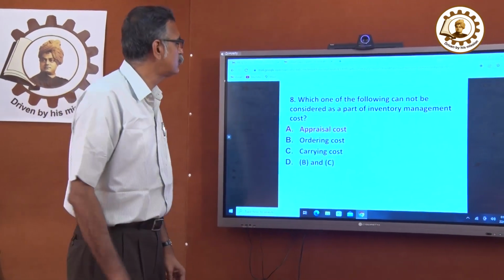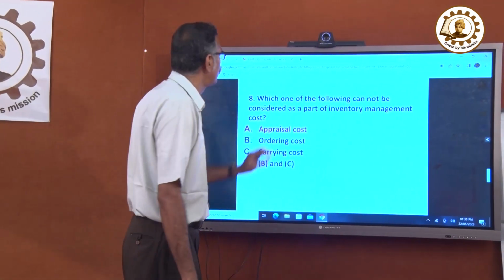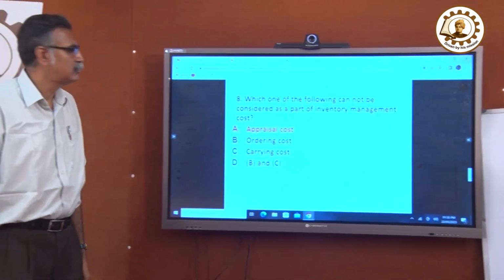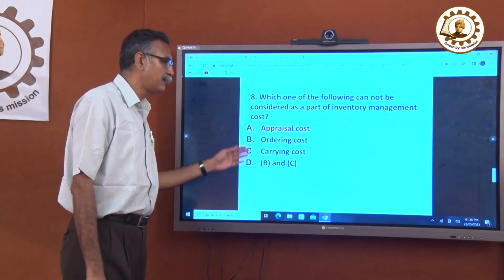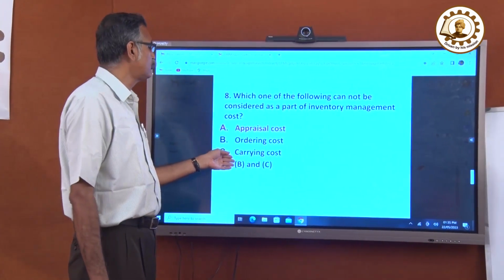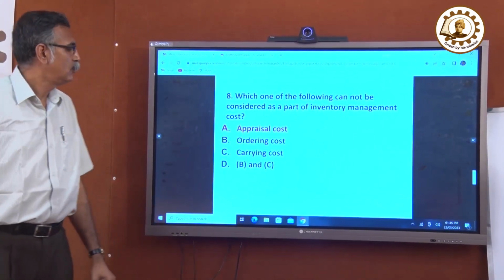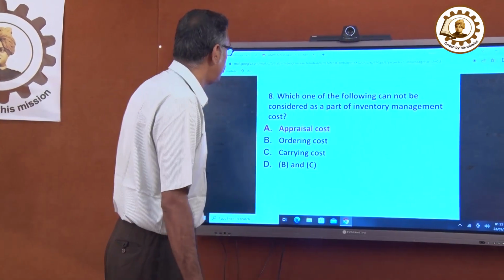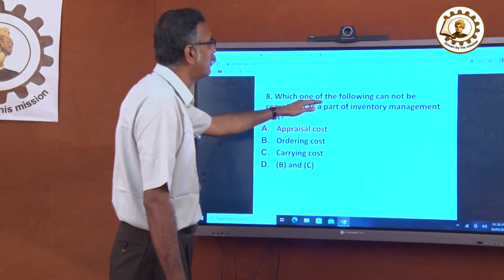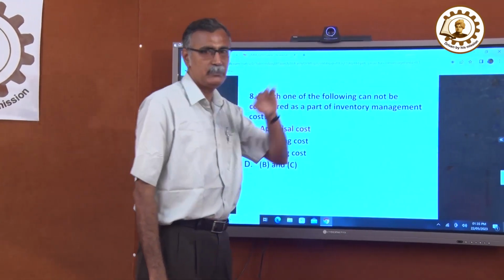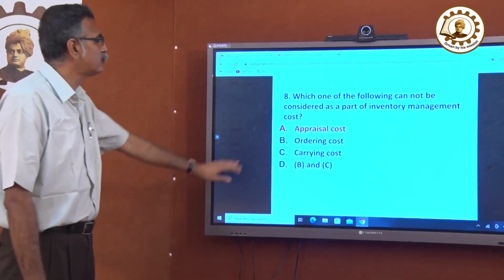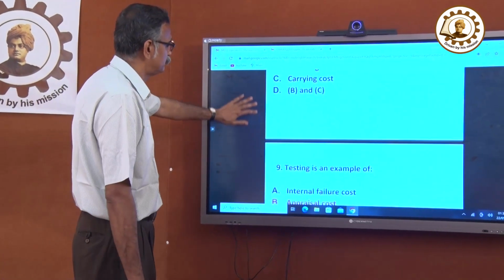That cost is called the appraisal cost, and this is nowhere related to inventory management. But see the other costs, ordering cost, carrying cost, all these are related to inventory management. So that's why the answer is appraisal cost. This is not relevant to inventory.